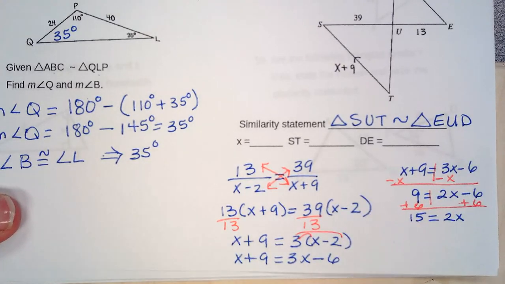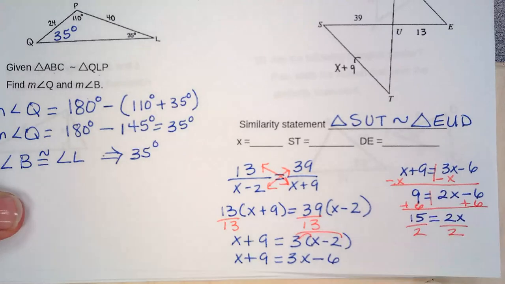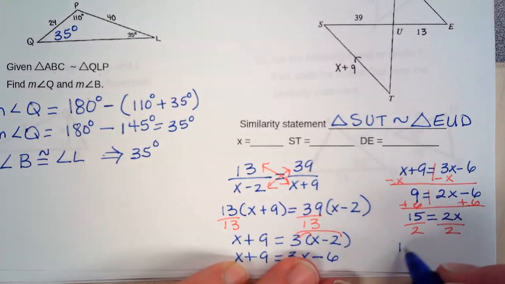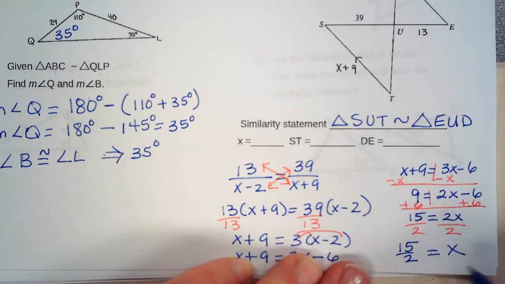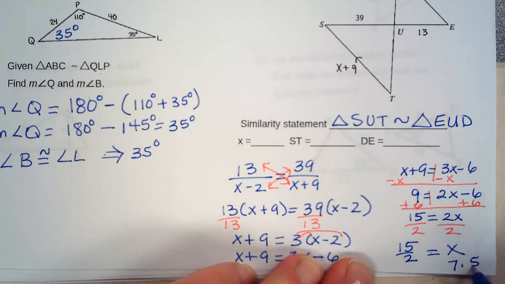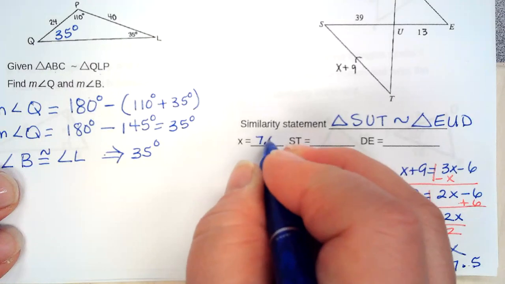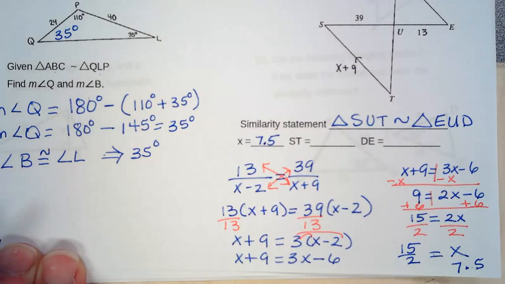And finally, we divide by 2. 15 halves is equal to x. 15 halves is also 7.5. I'm going to actually use the decimal.